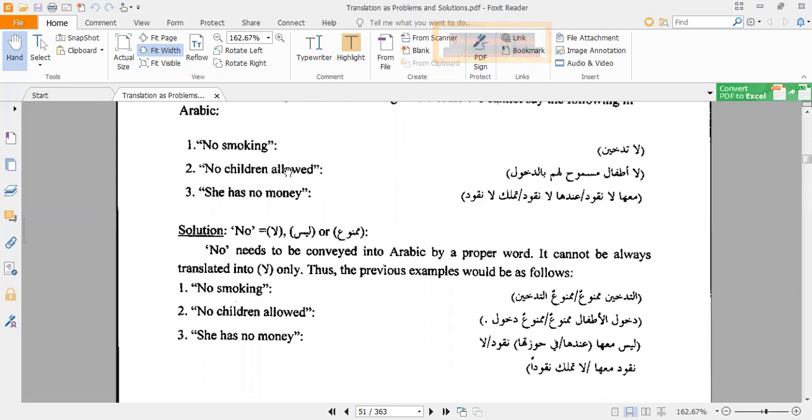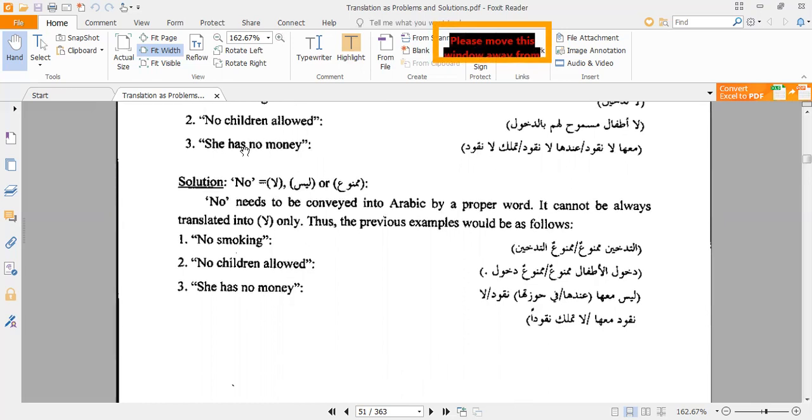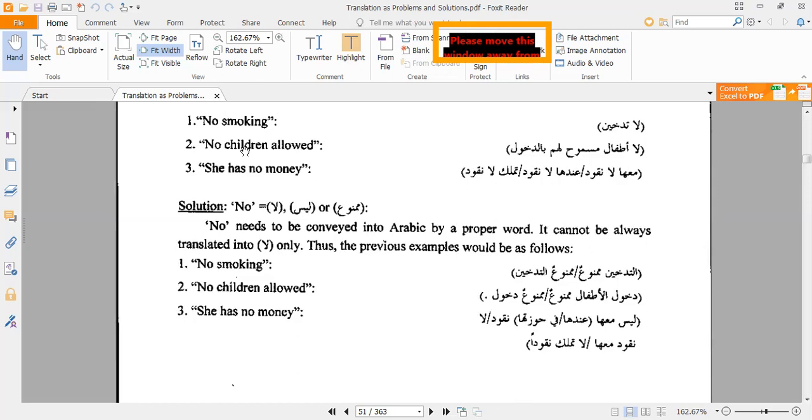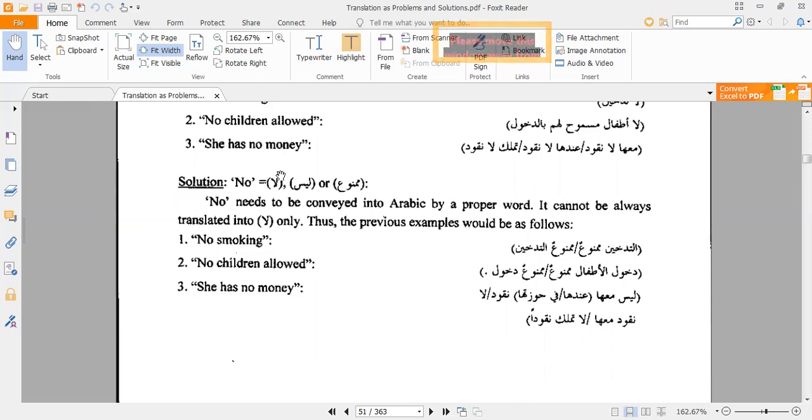This is not correct in all situations. For example, no smoking: لا تدخين. No, we are talking stylistically about Arabic style. I can say ممنوع التدخين. Okay. No children allowed: ممنوع اصطحاب الأطفال or ممنوع دخول الأطفال. She has no money: ليس معها نقود, لا تمتلك نقود.